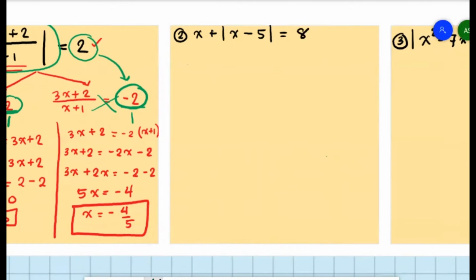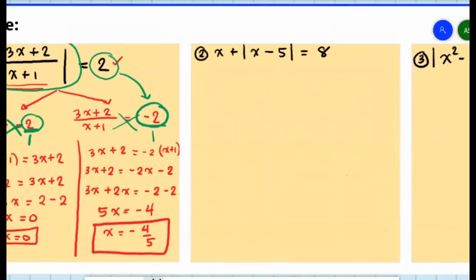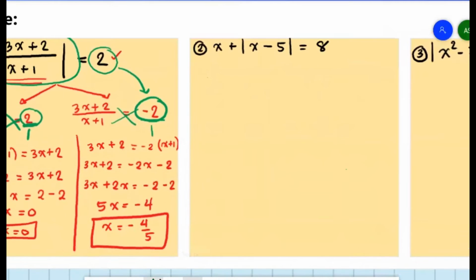All right, now look at question number 2. As you can see, it is somehow different from question number 1. In what sense? In question number 1, the term with the modulus is isolated on one side only. Unlike in question number 2, you have an extra term here which is positive x.